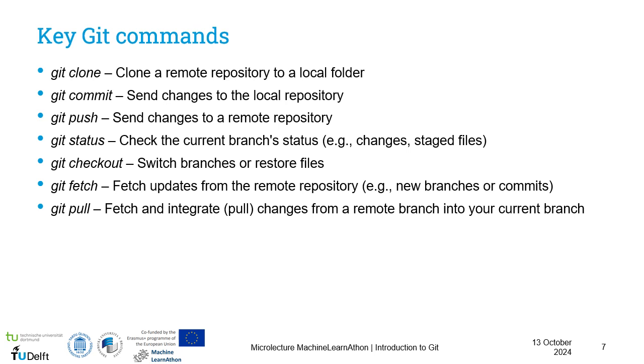Then with git push, we can send changes to the remote repository. Another useful command is git status that will help us to check in which branch we are and also check the history of this branch. With git checkout, we can switch between project branches. And lastly, we have two commands, git fetch and git pull, to access changes from a remote server.